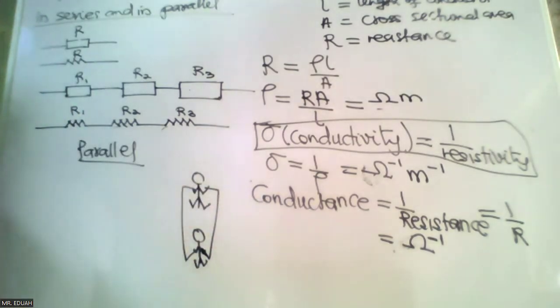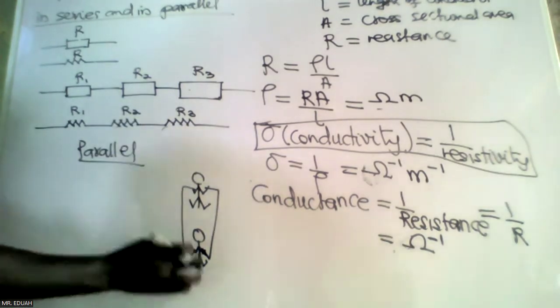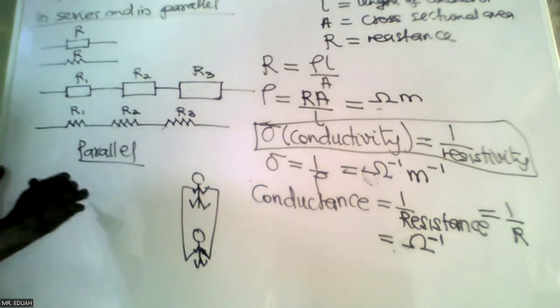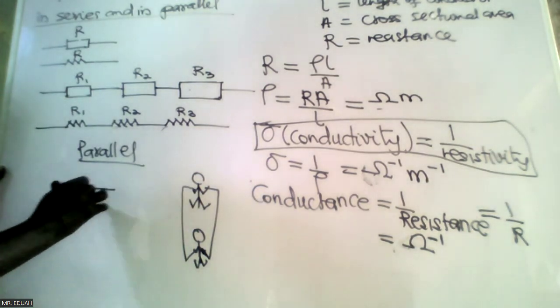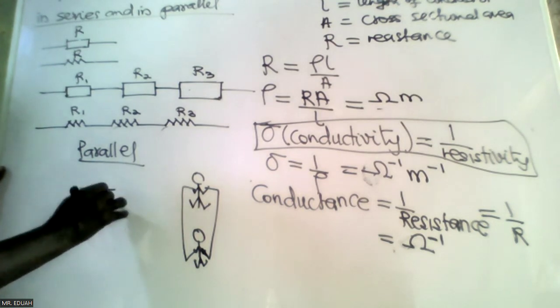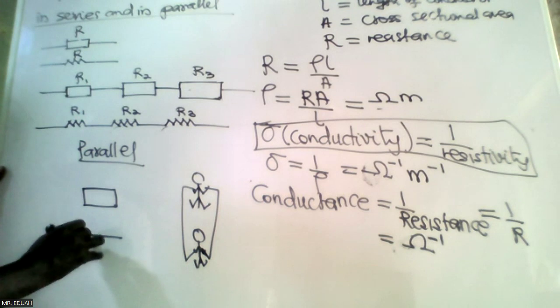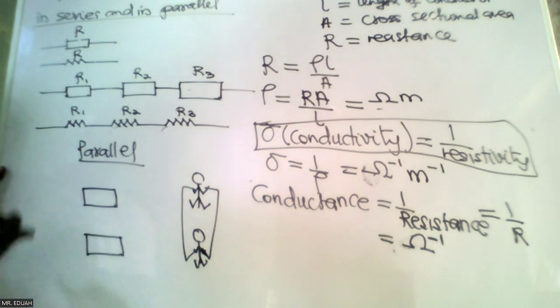So this is two people connected in parallel. If I'm indicating two resistors connected in parallel, one is here, the other is just at the back.